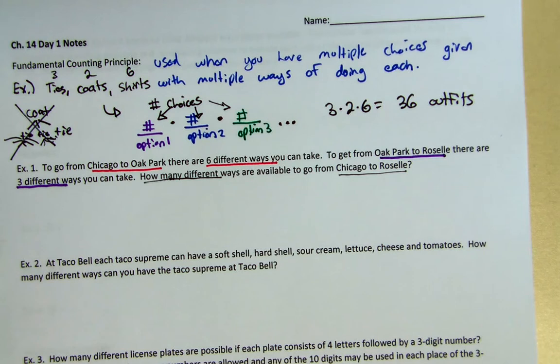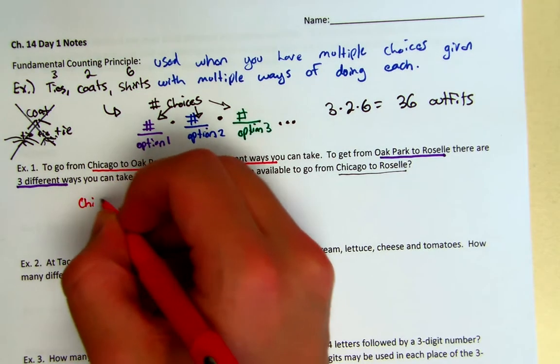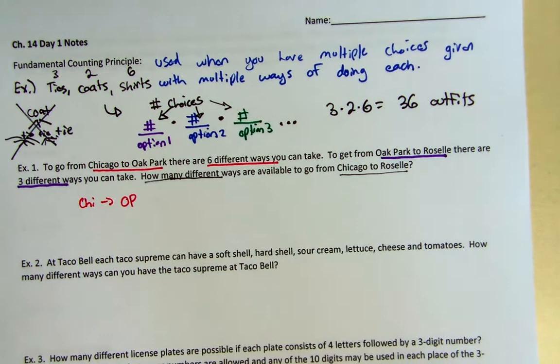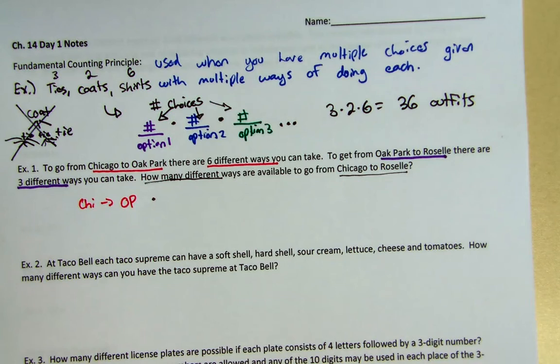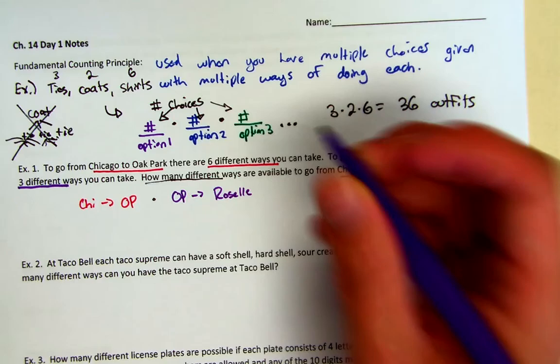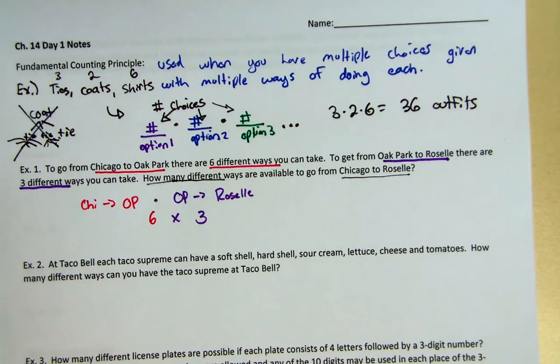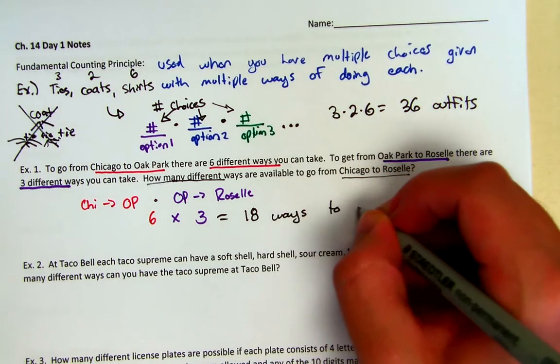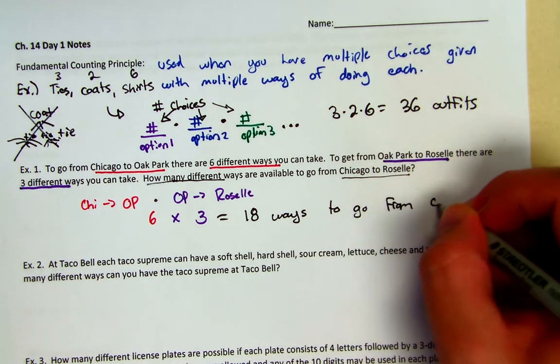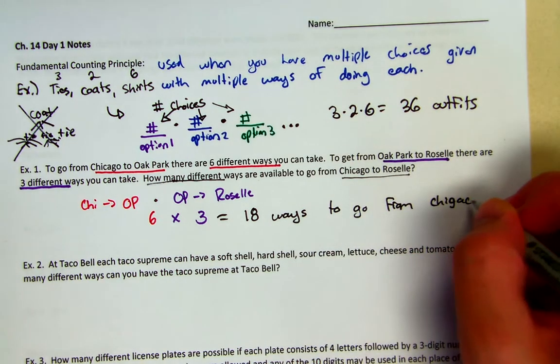We take Chicago to Oak Park and multiply it by Oak Park to Roselle. So we take 3 different ways and multiply by our 6 different ways to get a total of 18 ways to go from Chicago to Roselle.